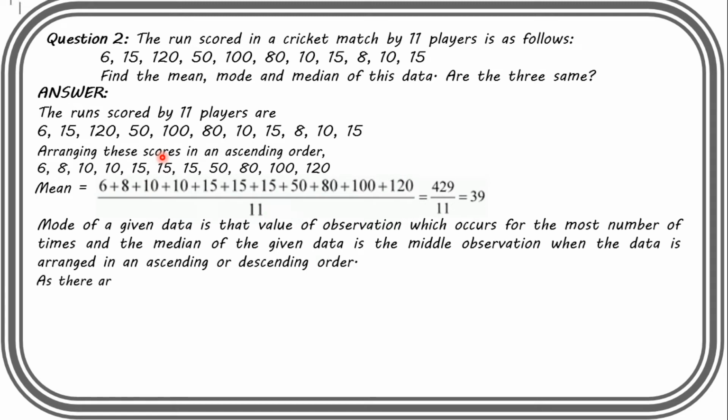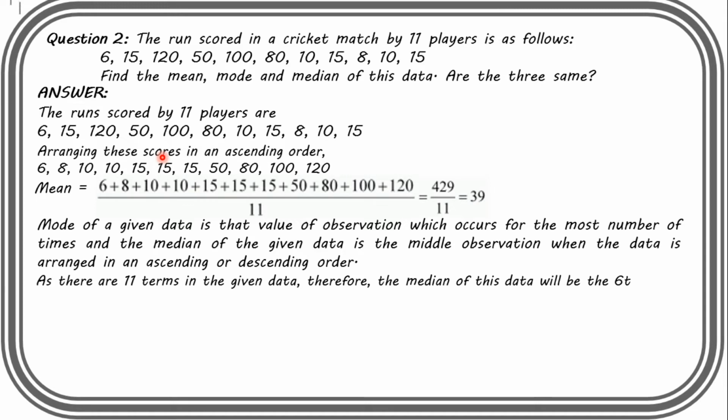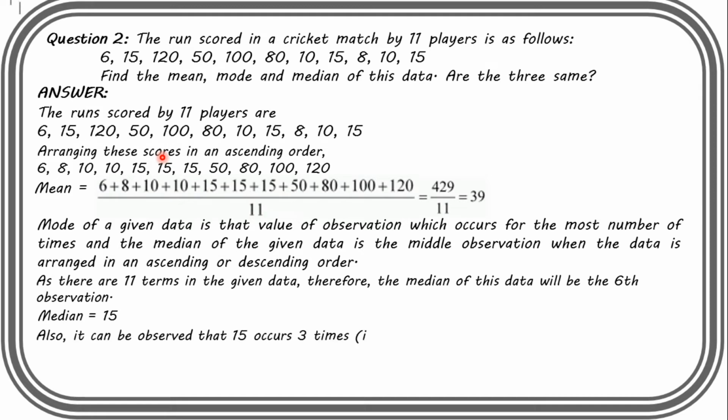As there are 11 terms in the given data, the median will be the 6th observation, which is 15. So the median is equal to 15. Whereas the mode is the number which comes the most number of times. 15 occurs 3 times. So the answer is 15.